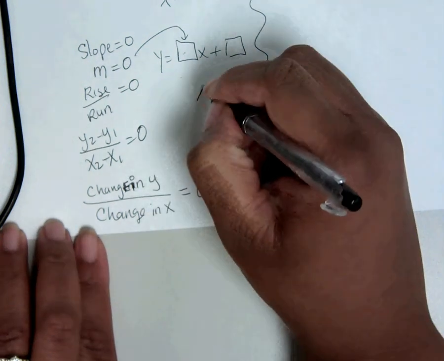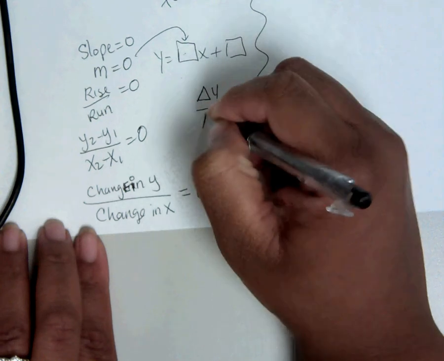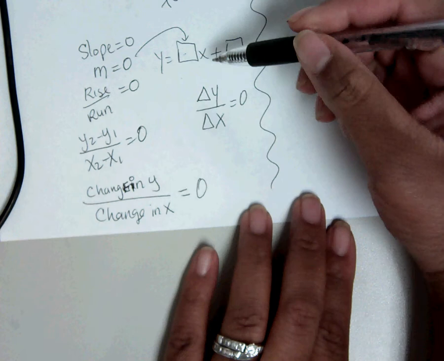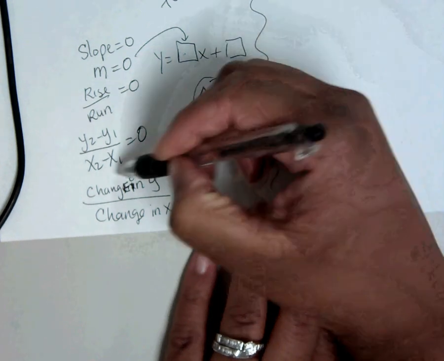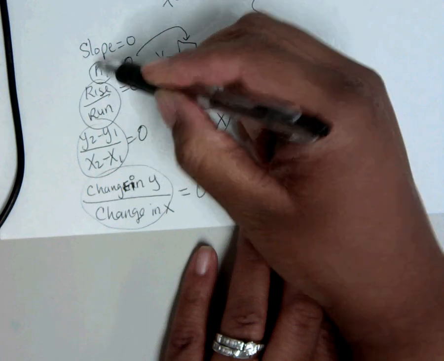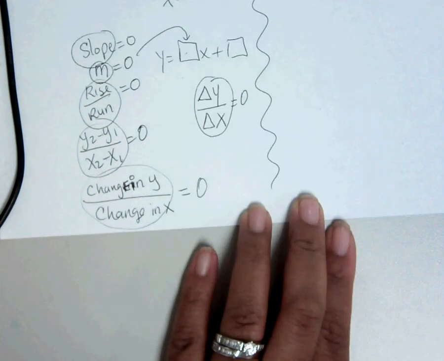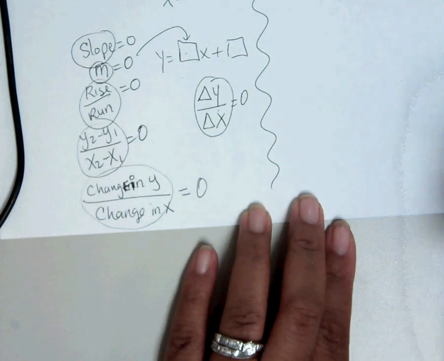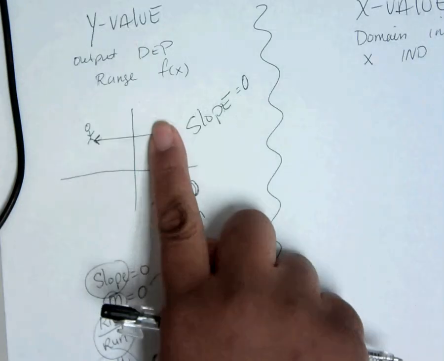You can also say delta y over delta x is 0, because this is slope. So don't be confused. These all mean slope. So the slope is 0 for this 0 fun line to walk.